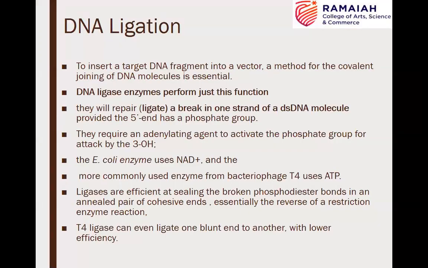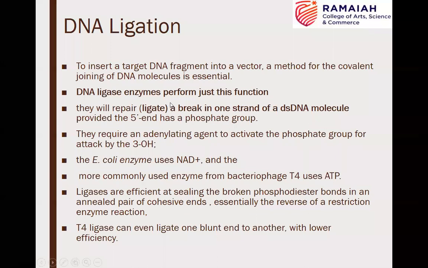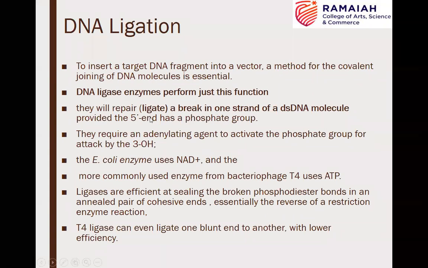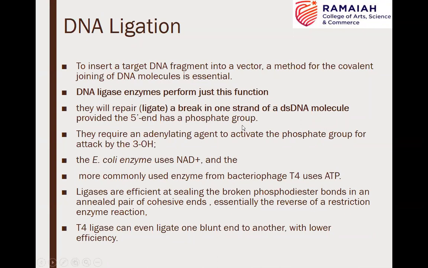Okay, as I mentioned, to incorporate a target DNA fragment into the vector, we need a method for the covalent joining of DNA molecules. DNA ligase enzymes are the ones that perform this covalent joining of the DNA molecules. What they do is repair a break in one strand of the double-stranded DNA molecule, provided the 5' end has a phosphate group attached.